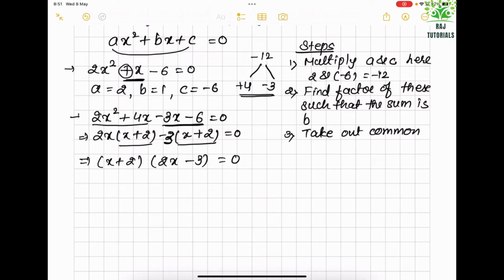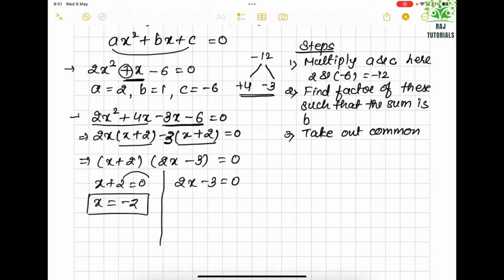So now I got two possibilities here. One is x plus 2 equal to 0. The other is 2x minus 3 equal to 0. So if x plus 2 equal to 0, x will be minus 2. So that is the first solution. 2x equal to 3. This 3 I have taken on the right side. Now here 2 is in multiplication, so if I take it on that side, it will be in division.